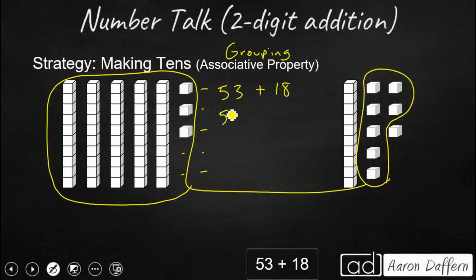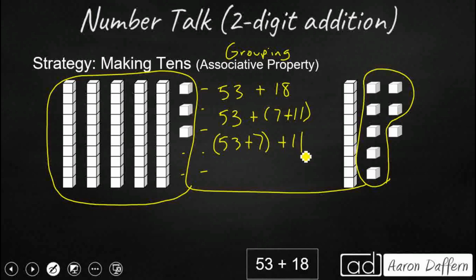I'm going to take 53, keep that the same. I'm going to break up my 18 into the 7 that I need, plus whatever's left over, which happens to be 11, because 18 is 7 plus 11. And the grouping property lets me add up different addends first. Instead of keeping my 7 plus 11 together, because that's how 18 was made, I'm going to shift my parentheses and add up 53 plus 7 first.